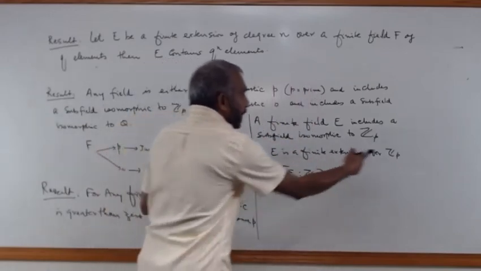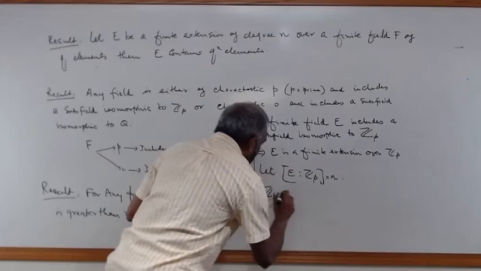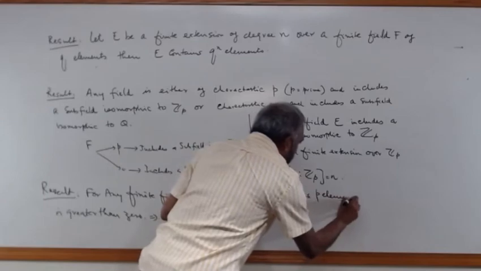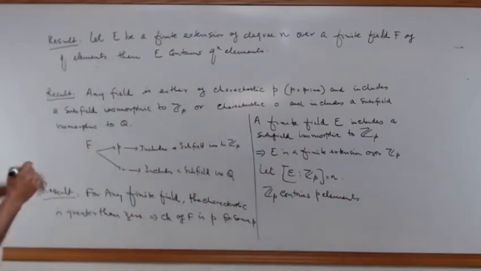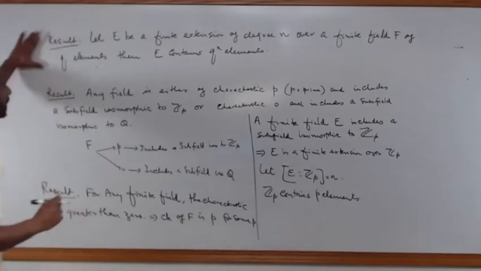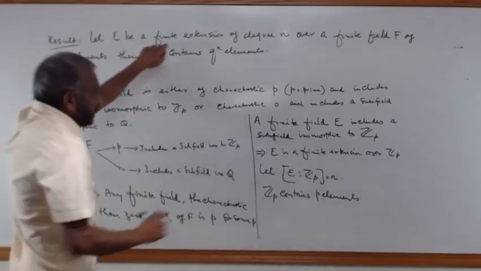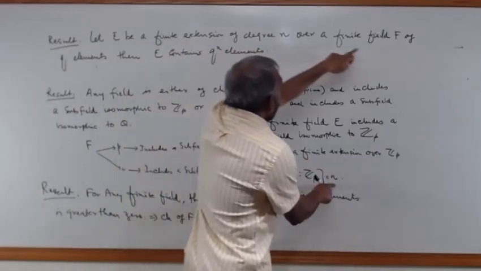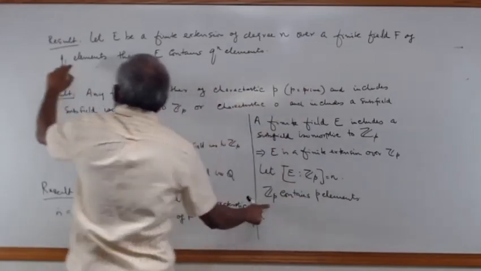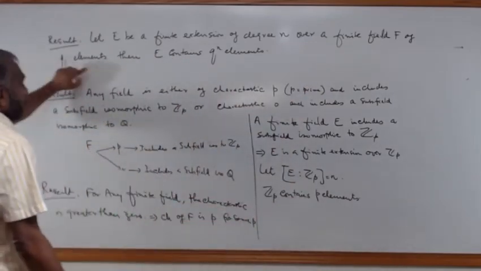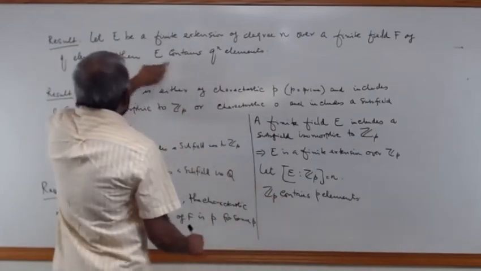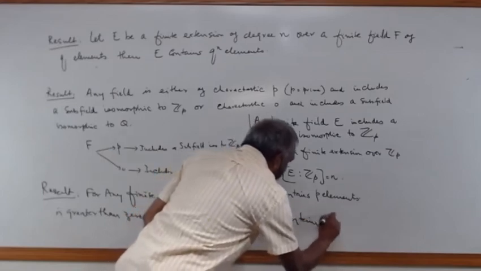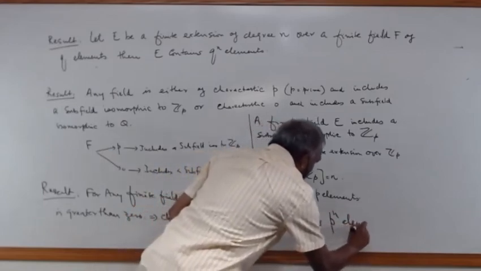And we know that Zp contains p elements. Now we use this result: E is a finite extension of degree n over a field F with q elements, with p elements. Then E contains p to the power of n elements.